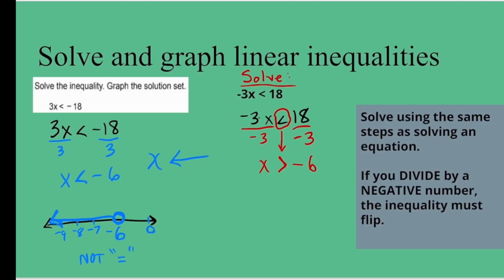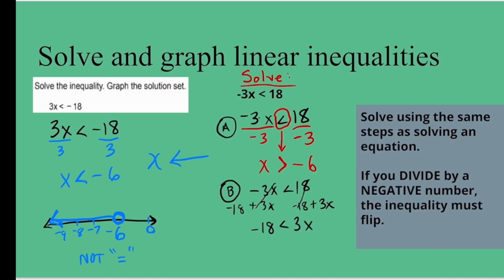For understanding purposes, let's say this is option A. Option B: if I were to take this equation and move things around, if I added the 3x to the right side and moved it over here, and I subtracted the 18 from both sides and moved it to the left, I can rearrange this equation and I would get negative 18 is less than 3x.